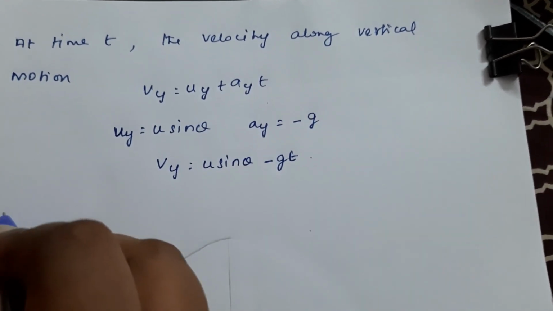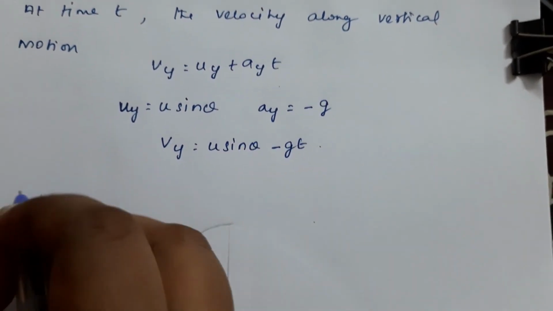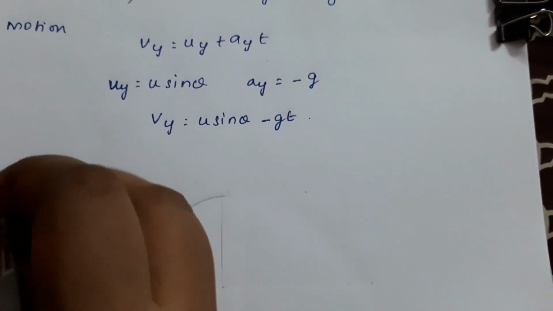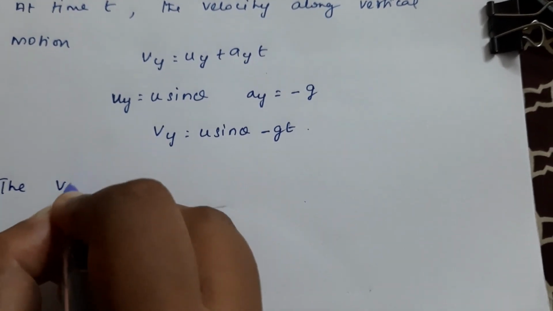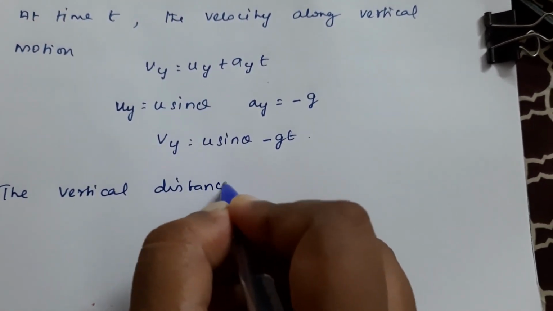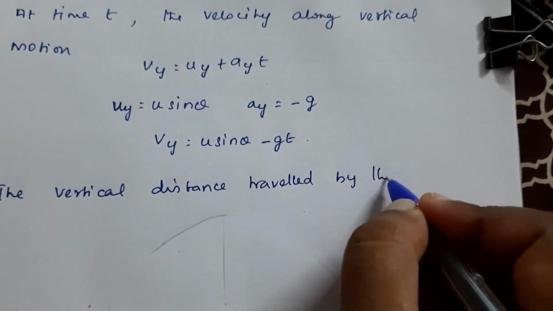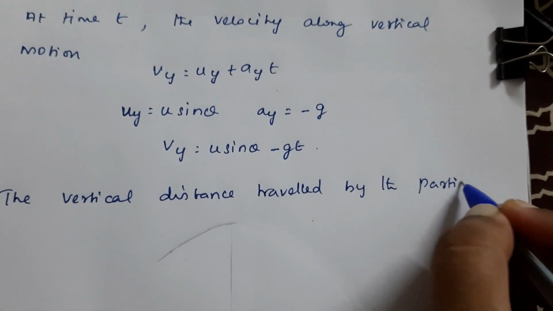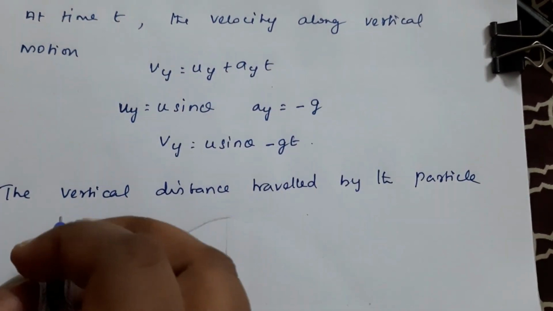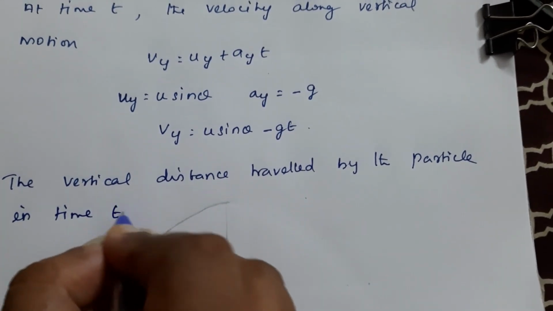Now we have to find the vertical distance traveled by the particle in time t.